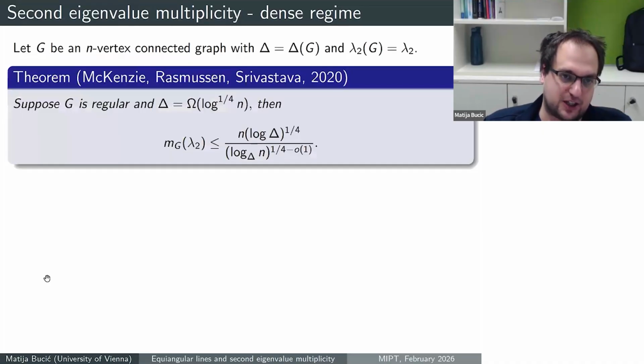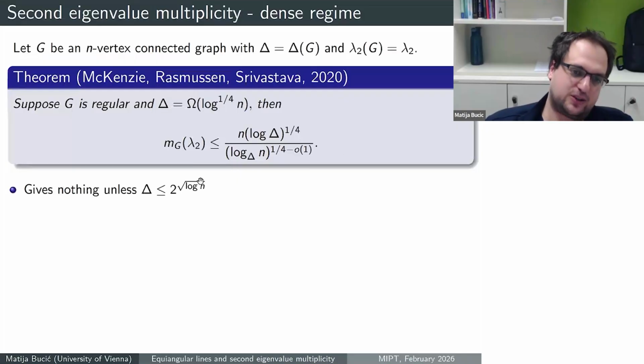And the only general result in this flavor that was known is due to Mackenzie, Rasmussen, and Srivastava, which, however, had an extra restriction, which is that they needed the graph to be regular. Then they could prove a bound of the form n over roughly log n, where there are some nasty parameters of log delta floating around. I don't encourage you to try to decipher the logs, they will not be so important here.